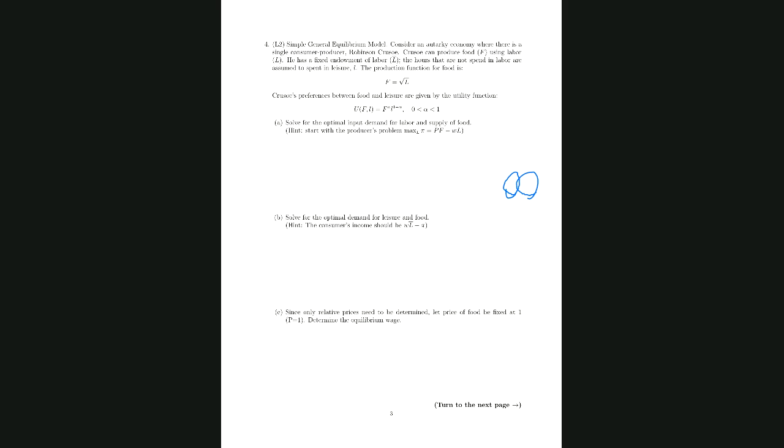So if you know this, it is very easy to figure out this is actually equal to A. So of course, you need to let me know the optimal level of these two terms.